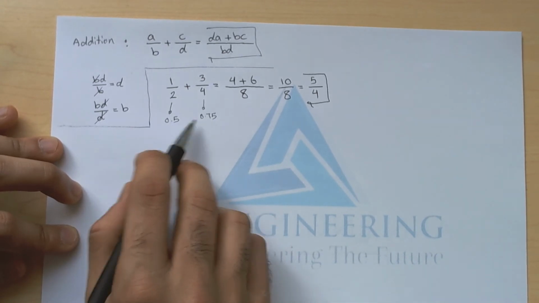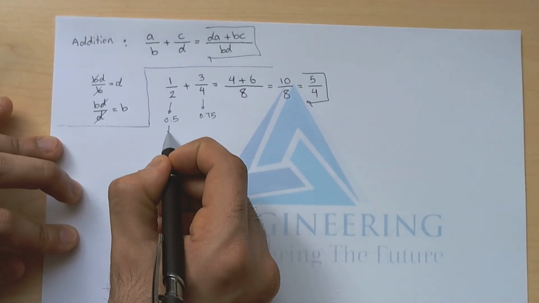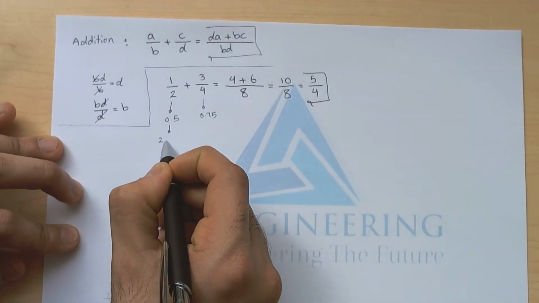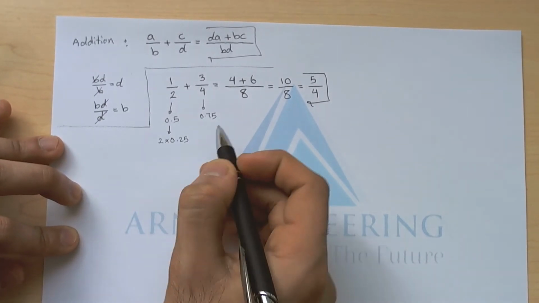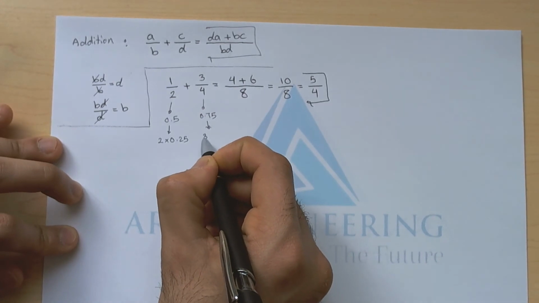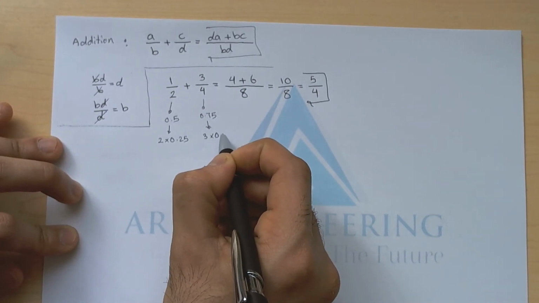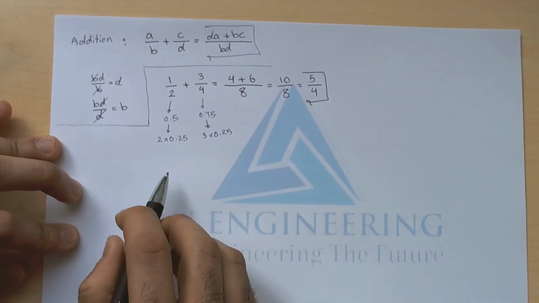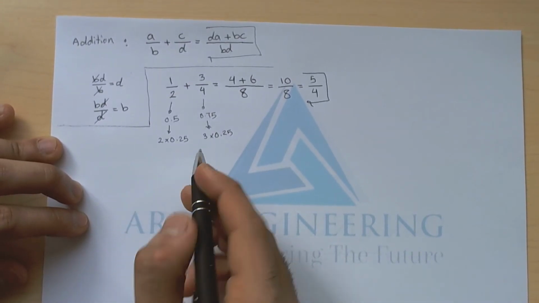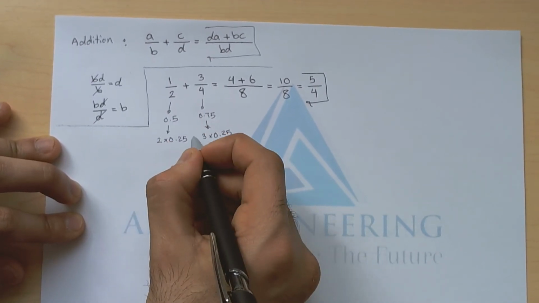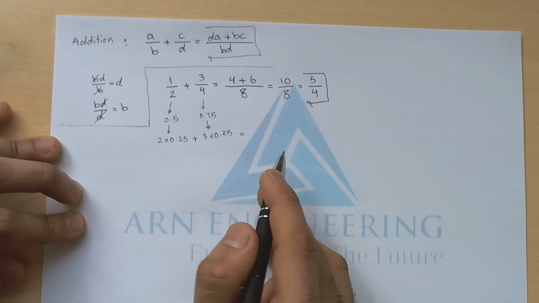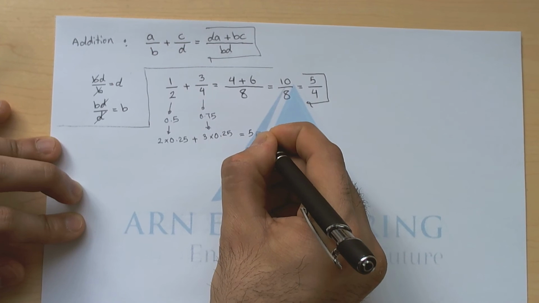So what does half mean? Half is 2 quarters. 0.75 is 3 quarters, right? So altogether we have 5 quarters. So we have 2 quarters here, and then we're adding this with 3 quarters, we have 5 quarters, right?